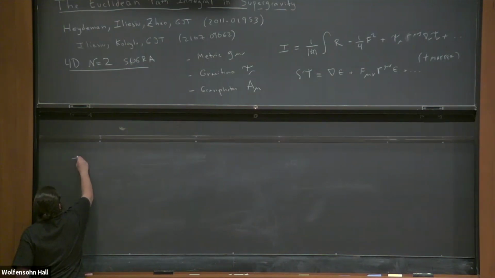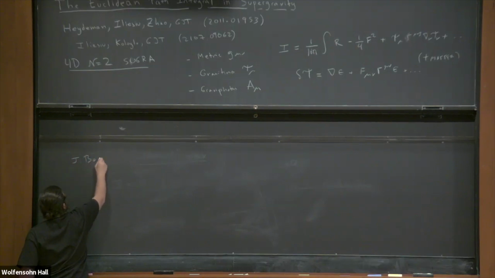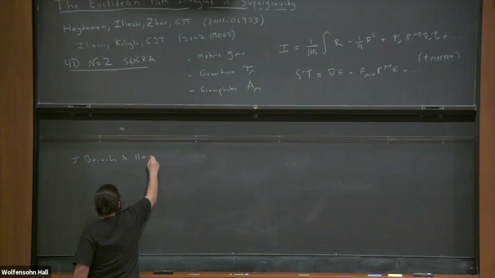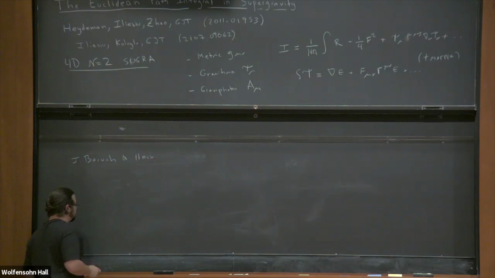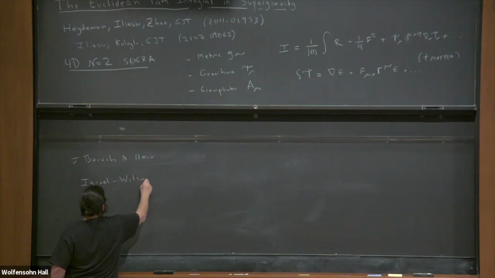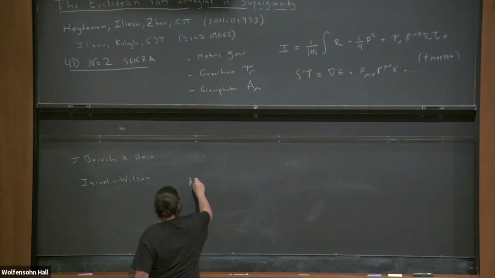So this is work in progress with Jan Boruch, grad student at Stanford, and Luca. These are called Israel-Wilson metrics, so let me write. They have this form.